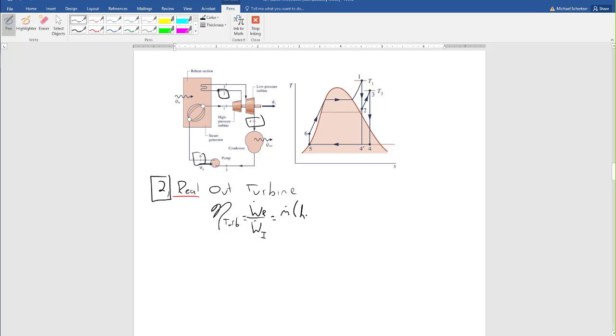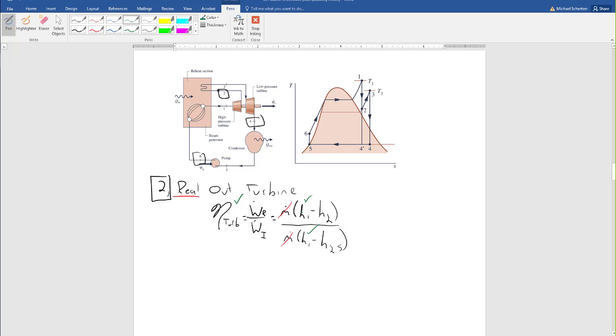So this would be h1 minus h2. The ideal turbine is m dot times h1 minus h2s. It only makes sense to talk about real and ideal turbines if the mass flow rate is the same and the pressure difference is the same, right? So the good news here is we know the turbine efficiency. I think it's 85%.